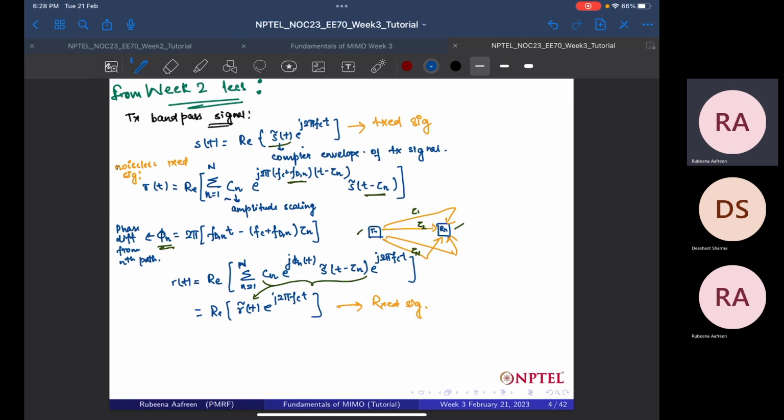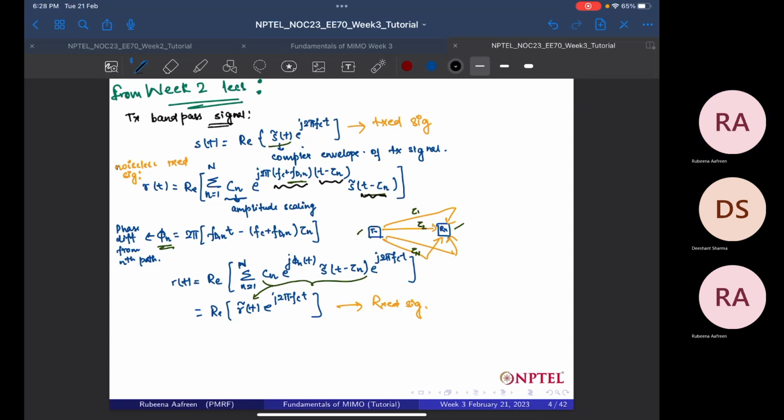This is the scaling effect. Then as the mobile station is moving, there will be some Doppler shift here. And since we are considering reflection from n paths, there will be a t minus tau n term. This is the delay introduced, so t will be replaced by t minus tau n.